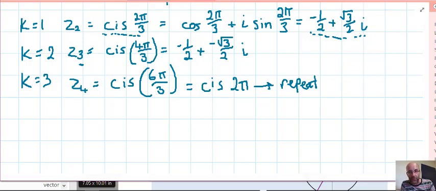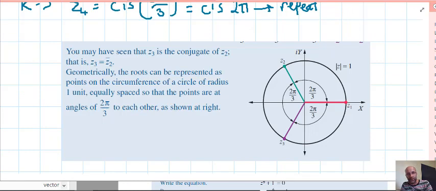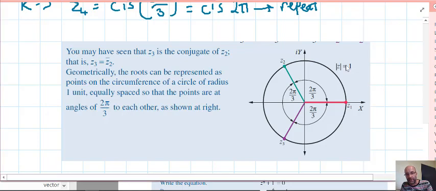Essentially we're giving it in both polar form and also Cartesian form of a complex number. You may be asked to draw this in the Cartesian plane, and so this is all on the unit circle. You can see the magnitude is equal to 1 there, and you can see the 3 roots there with their modulus and argument put in, and they're color coded there so you can see the difference.